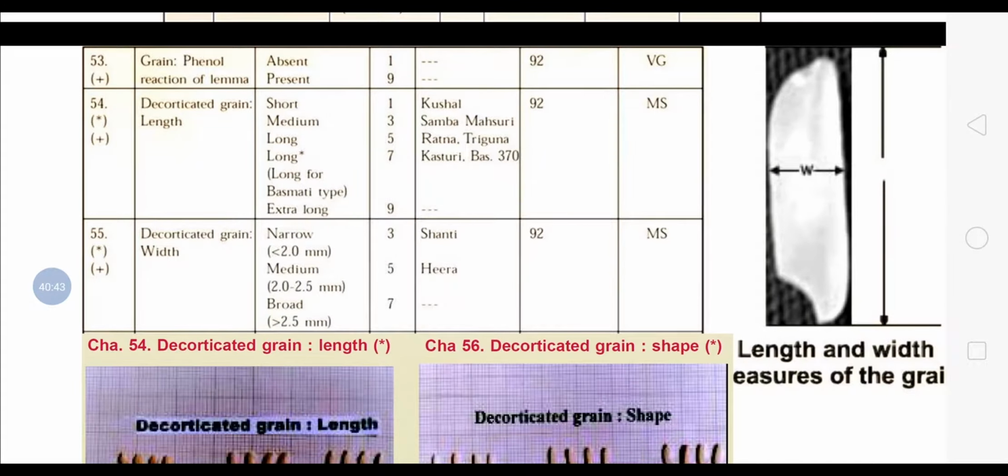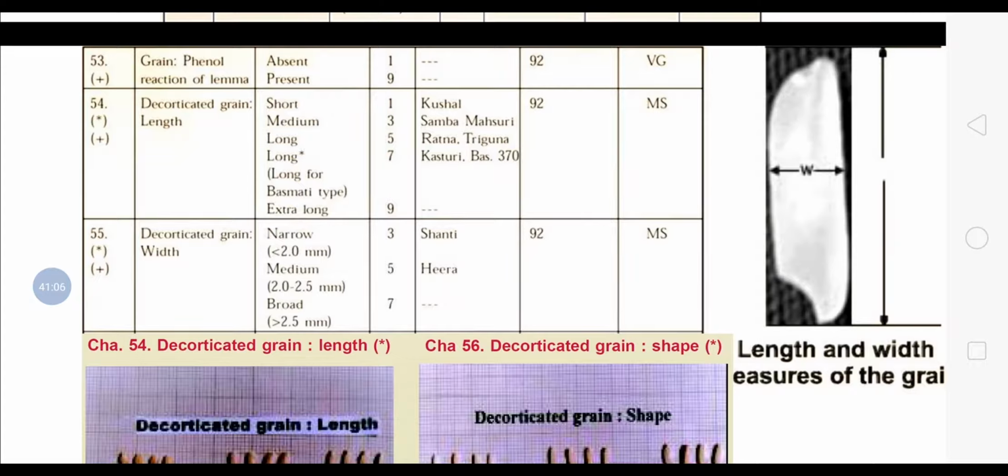The 53rd characteristic is grain phenol reaction of Lemma. The phenol reaction is classified as absent and present. Then 54th characteristic is decorticated grain length. Decorticated grain means grain after removing the husk and the outer portions.